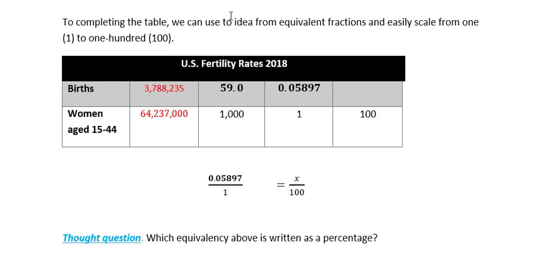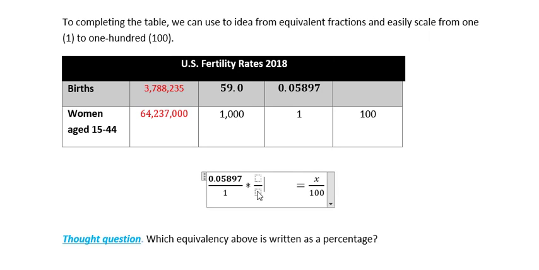So to complete the table, we're going to use the idea from equivalent fractions and easily scale from 1 to 100. So I'm going to use this ratio here, and I'm going to make a new ratio with a number over 100. Now, if you recall, how do I get from 1 to 100? Well, I multiply by 100.